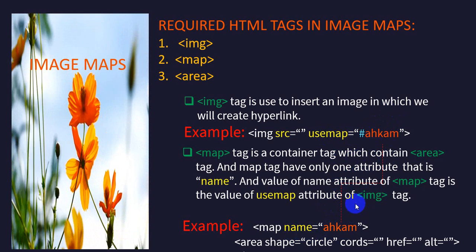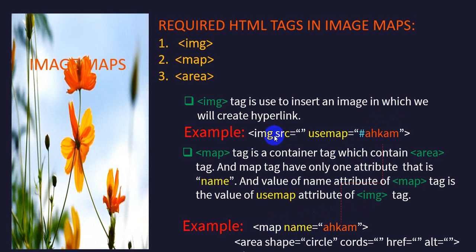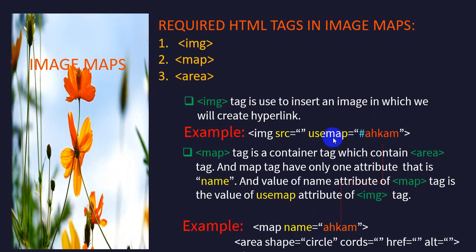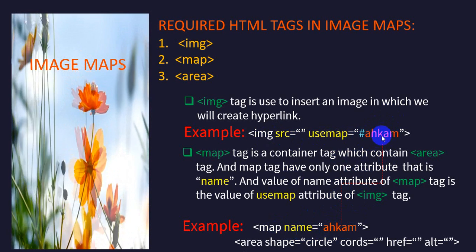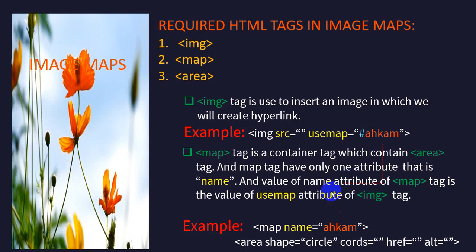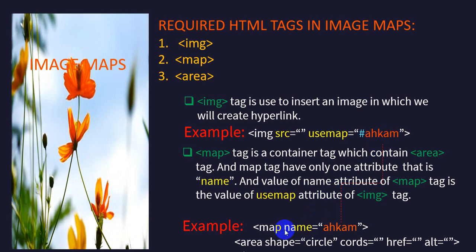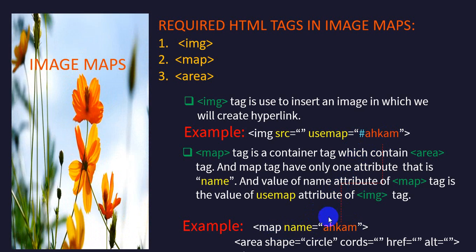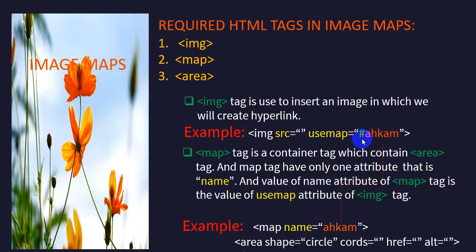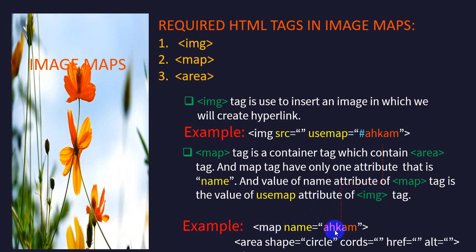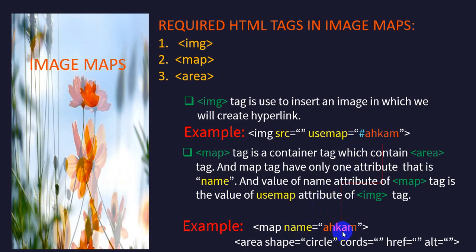Are you getting my point? Here in the img tag I am using the usemap attribute in which I have assigned some value. So the value of the usemap attribute and the value of the name attribute of the map tag must be the same, except you write only the value instead of the hash symbol. Here you don't write the hash symbol in the map name attribute.